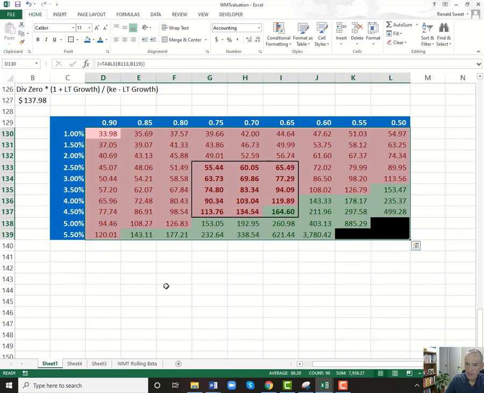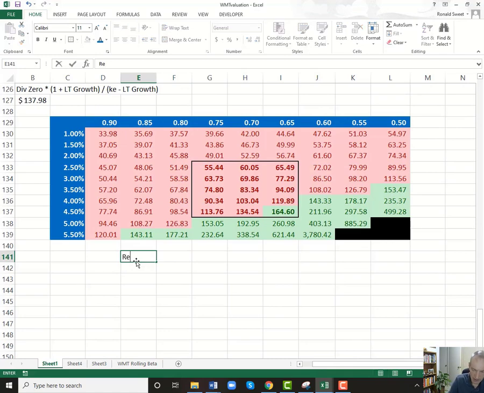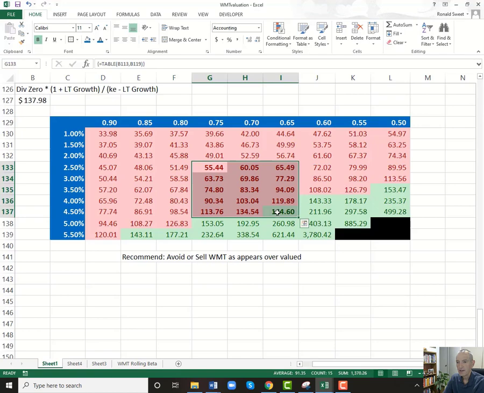Here, based on this, I'm going to recommend avoid or sell Walmart, as it appears overvalued. Because you can look and tell from the chart that in my main area, where I think the valuation is, they're only cheap in one cell.